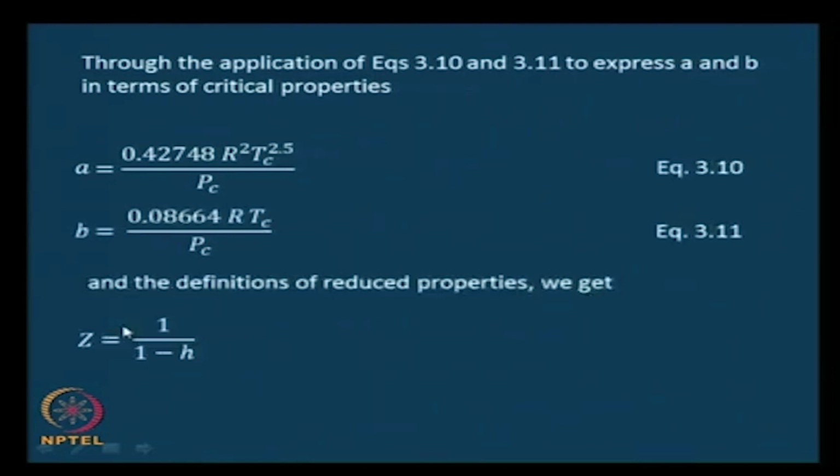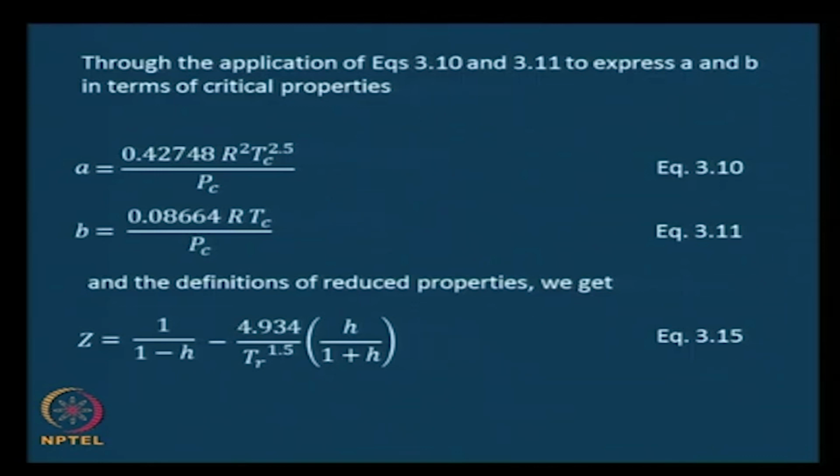then the generalized Redlich-Kwong expression turns out to be Z equals 1 by (1 minus h) minus 4.934 divided by TR^1.5 into h by (1 plus h). So, that is the Redlich-Kwong equation written in terms of reduced properties.